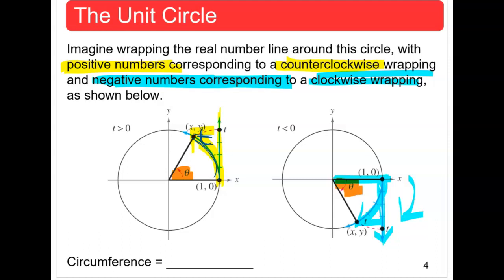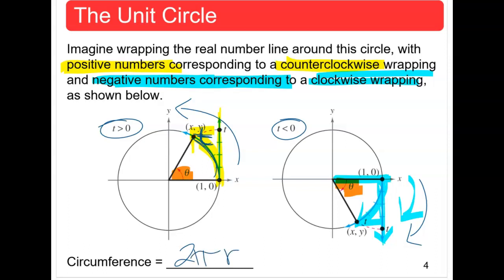And so if we go again in the counterclockwise direction, t will be positive. And if we go in the clockwise direction, t will be negative. In both cases, the circumference will be 2 pi r.